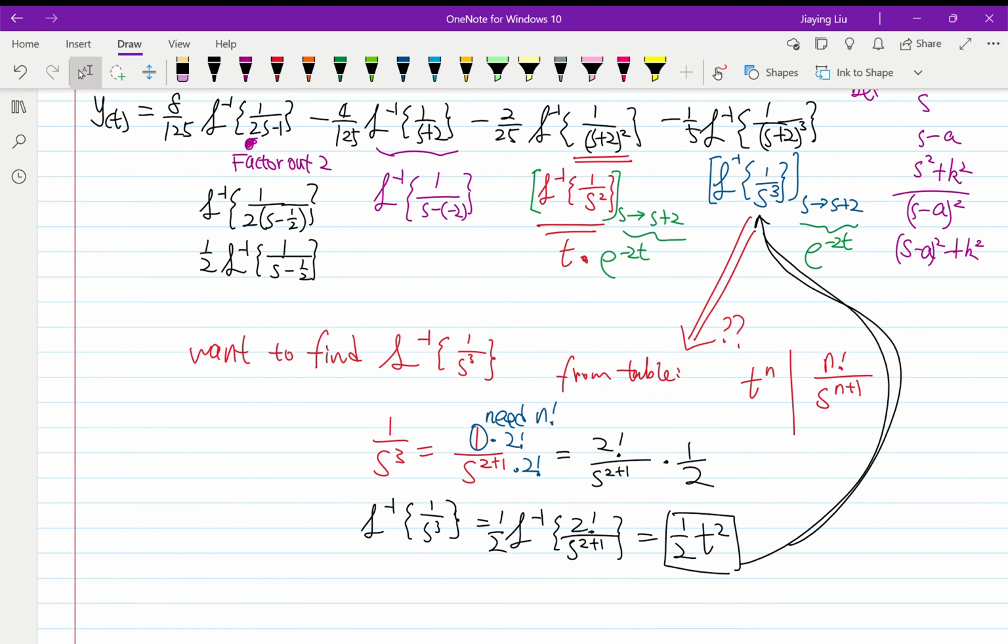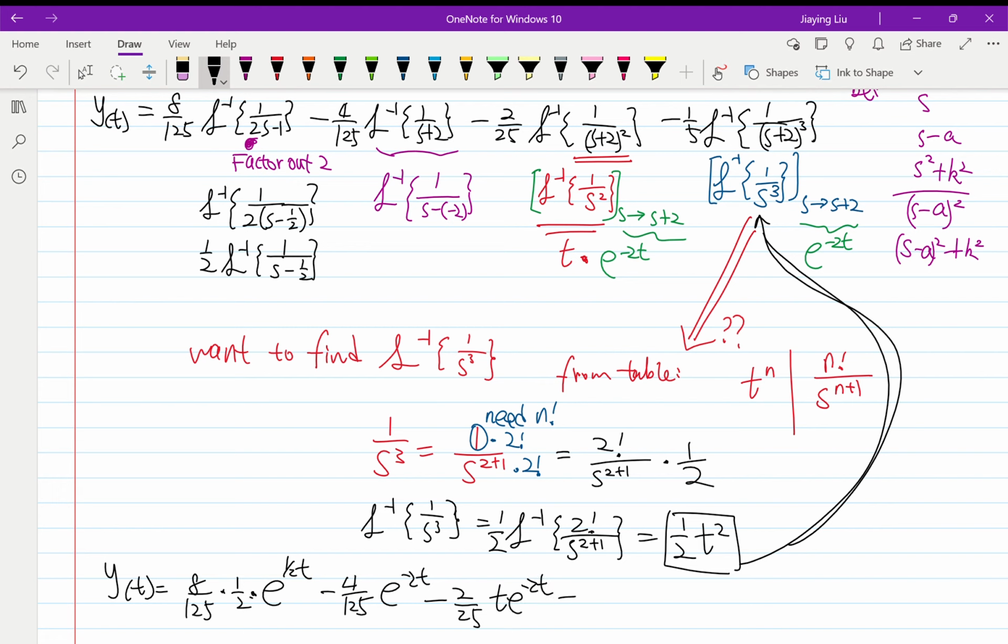It's going to be y of t is equal to 8 over 125 times half, and then the inverse Laplace of 1 over s minus 1/2, that's e to the 1/2 t, and then minus 4 over 125 e to the negative 2t, and then minus 2 over 25 t e to the negative 2t, and then minus 1/5 times 1/2 t squared e to the negative 2t.